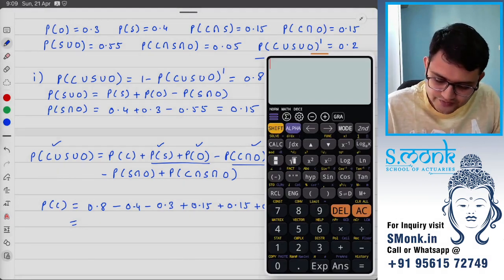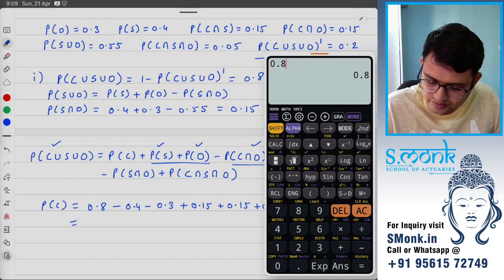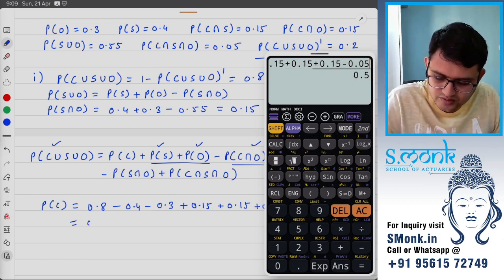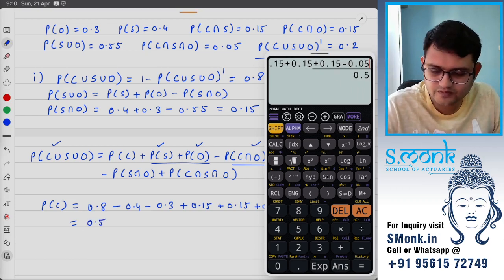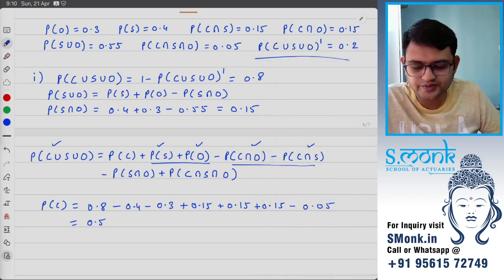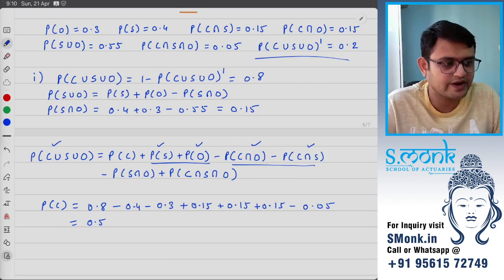I'll just solve this first. So the probability of chips is going to be 0.15.